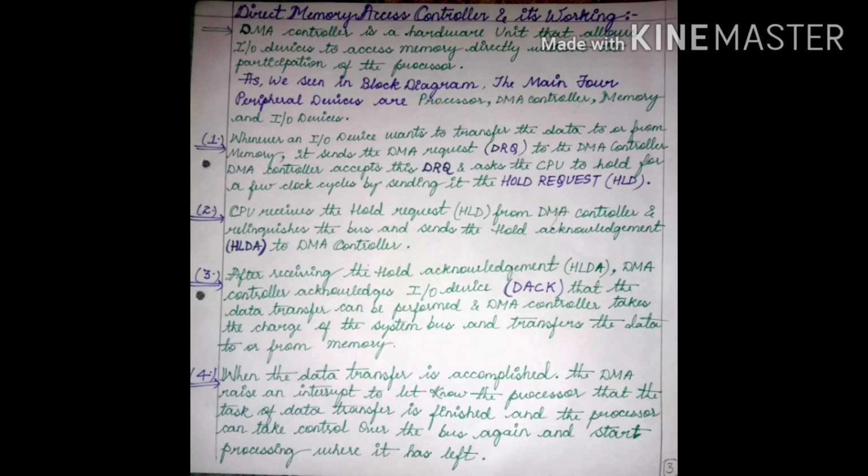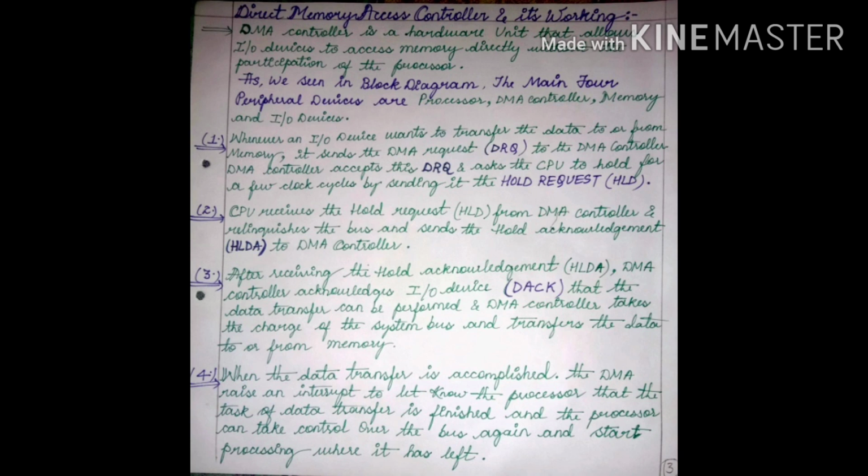Third, after receiving the hold acknowledgement, the DMA controller acknowledges the input-output device, that is the DAC, that the data transfer can be performed, and the DMA controller takes charge of the system bus and transfers the data to or from memory.